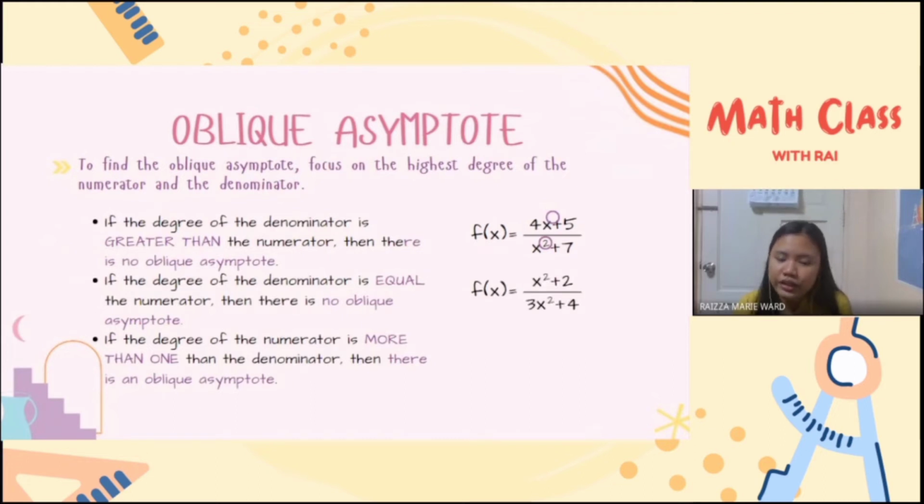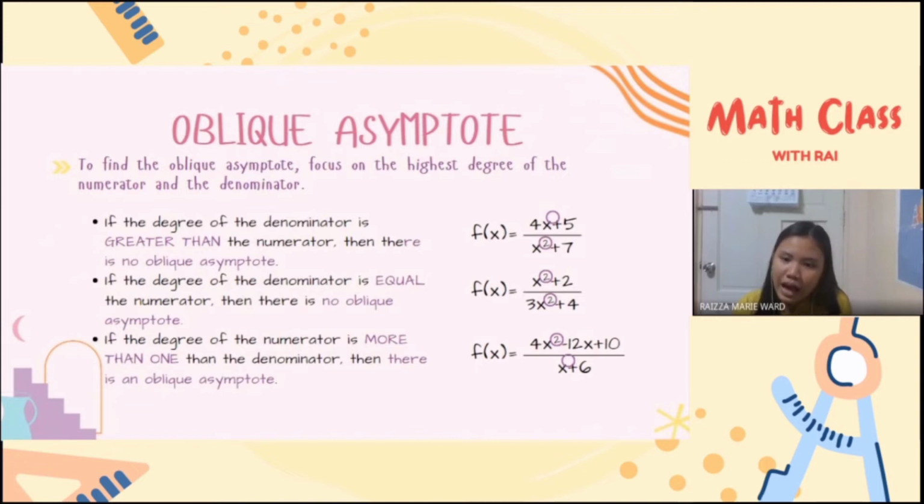Next, if the degree of the denominator is equal to the numerator, then there is no oblique asymptote. The highest degree of the numerator as well as the denominator of the example is both 2, so wala pa rin. Lastly, if the degree of the numerator is more than 1 than the denominator, then there is an oblique asymptote.